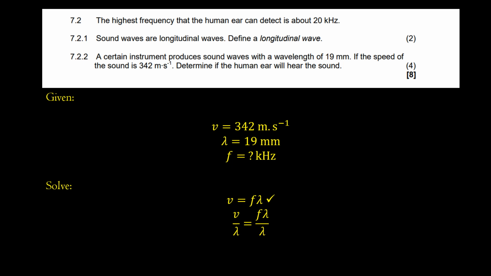On the right-hand side, we have the frequency f multiplied by lambda, divided by lambda. Lambda divided by lambda is just 1, so the lambda in the denominator cancels the lambda in the numerator, and on the right-hand side we are only left with f. On the left-hand side, we still have the speed of the wave v divided by the wavelength of the wave lambda.